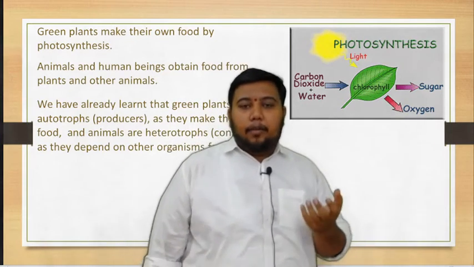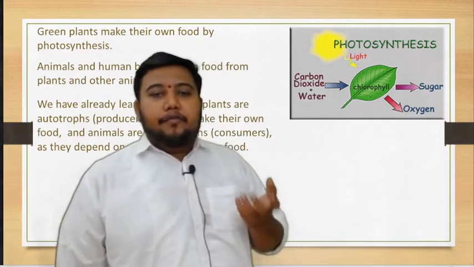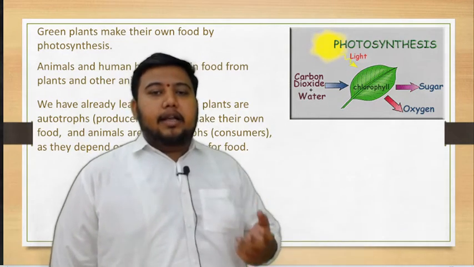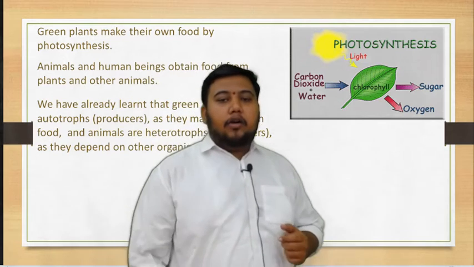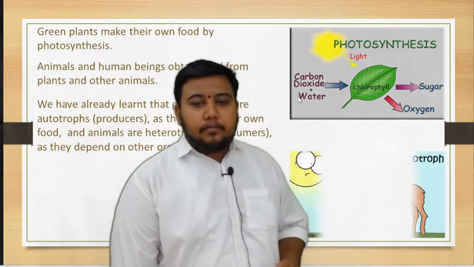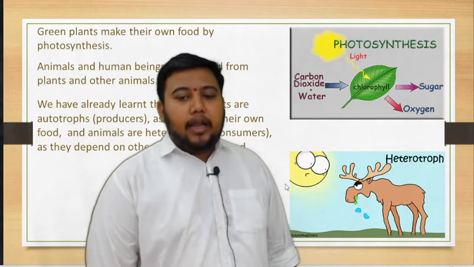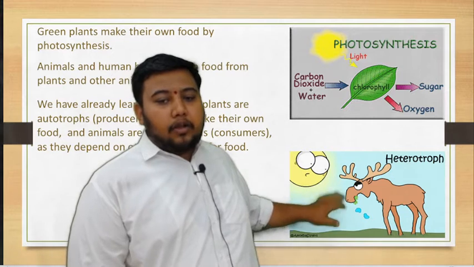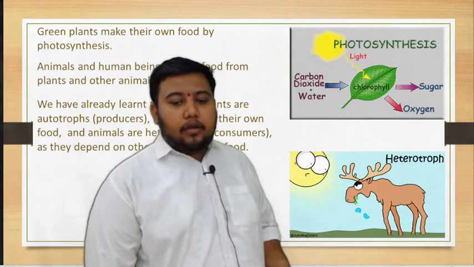Glucose is the form of sugar, and it is the food for the plant. And with that, oxygen is also produced as a side product. All animals are heterotrophs in nature, depending on others' food.